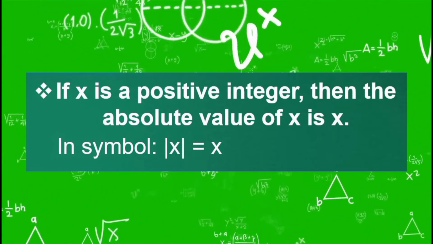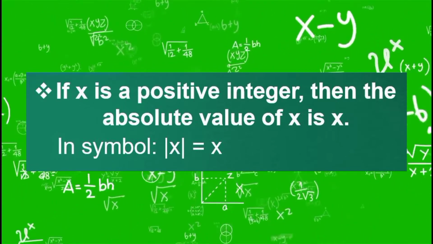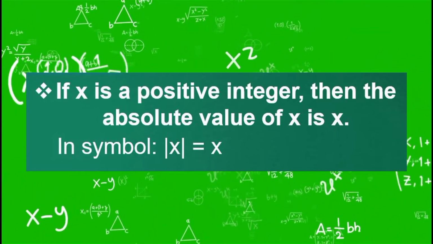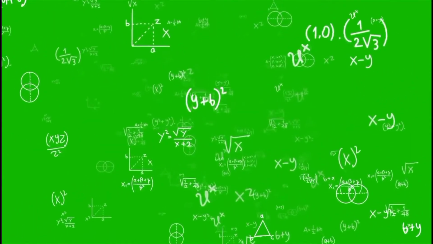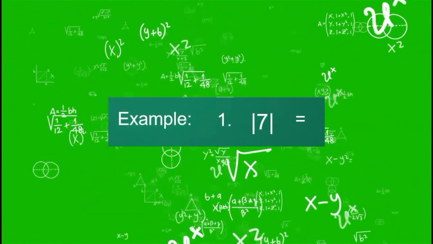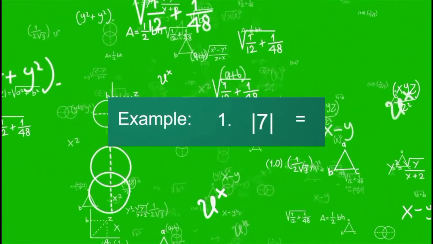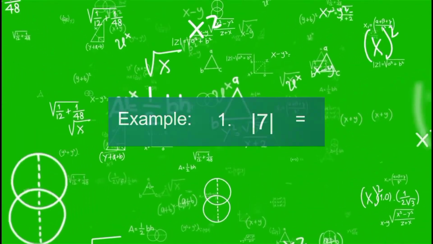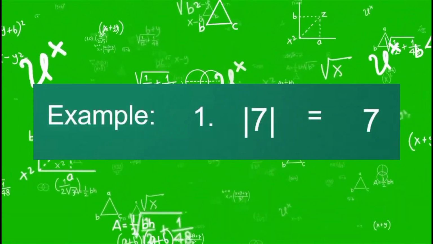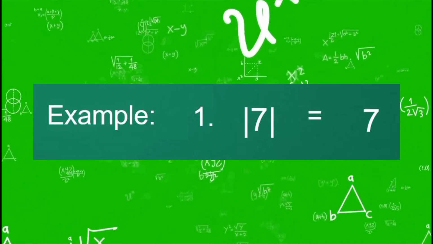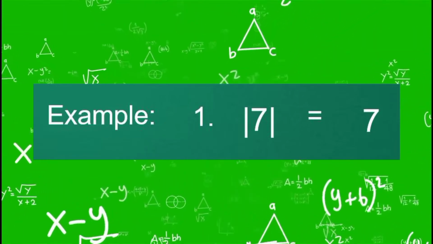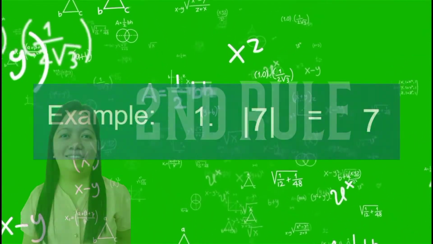It means that for any number greater than 0, the absolute value is positive. Let us try. What is the absolute value of 7? Very good. Since 7 is a positive integer, then the absolute value of 7 is positive 7.